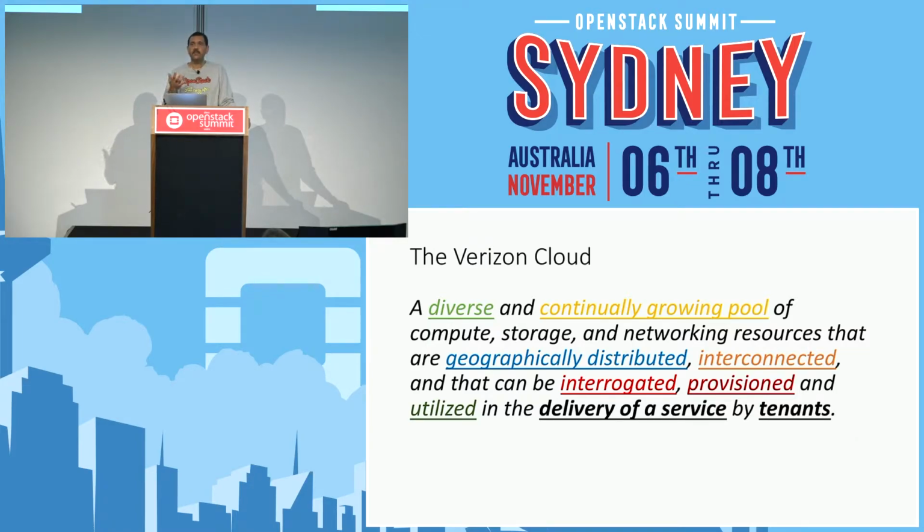And now we come to some of the important things about the cloud. We need a tenant to be able to interrogate the cloud and ask questions about where they should deploy their workload. You need to interrogate the cloud. Then you need to go provision and use it. Okay? That's our view of what our cloud should be.